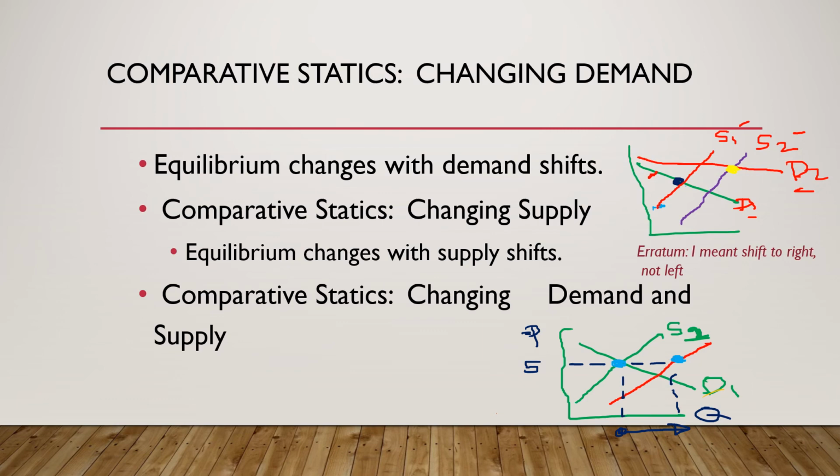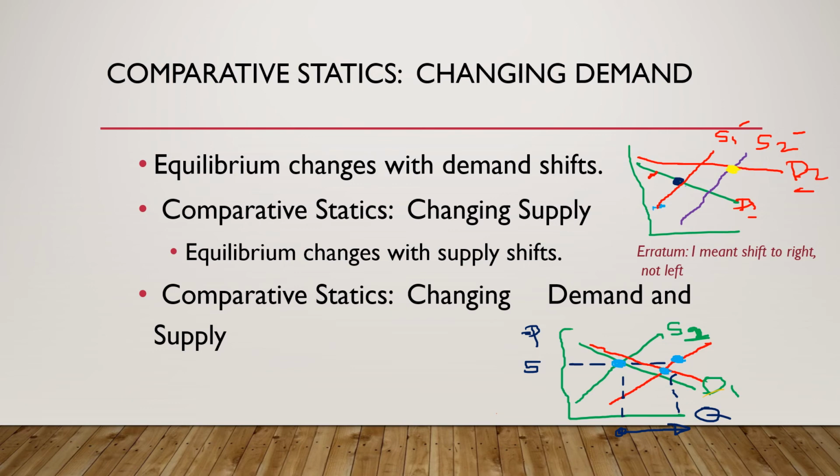Because if I did it like this, what if I move it to the right, but the shift is just a very tiny shift. See? If that's a very tiny shift, now I can see that there really has been a change in the price. So the price has dropped.